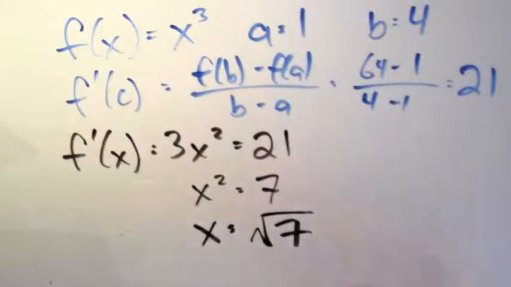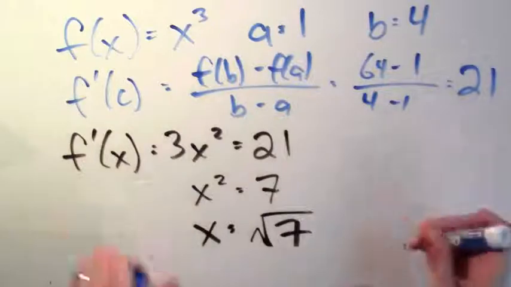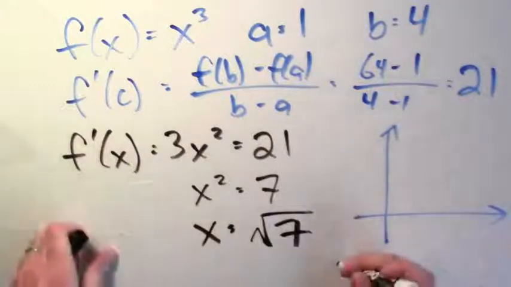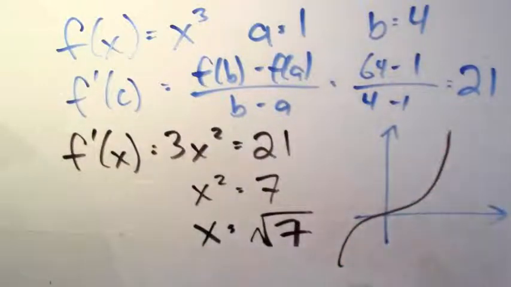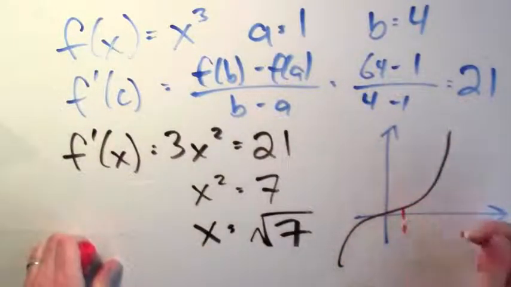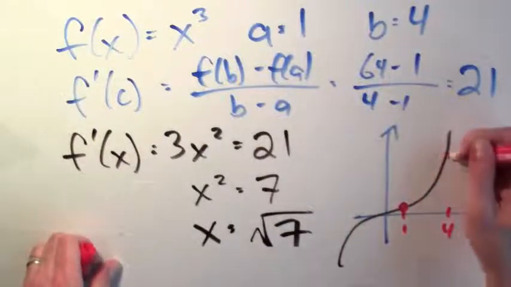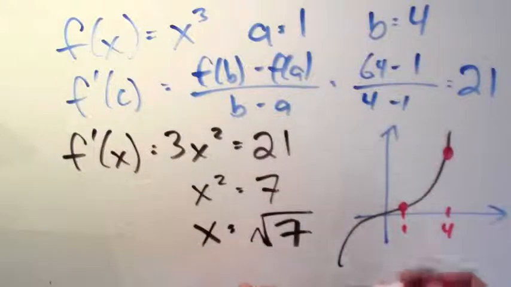And what I've really accomplished here, if I make a little graph, here's the xy plane, and I'll draw kind of a made-up graph of the cubed function. Here's the point 1, say, here's the point 4, here's 1 comma 1, here's 4 comma 64, right?